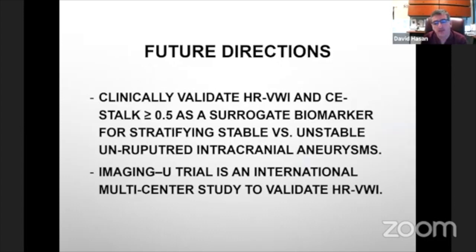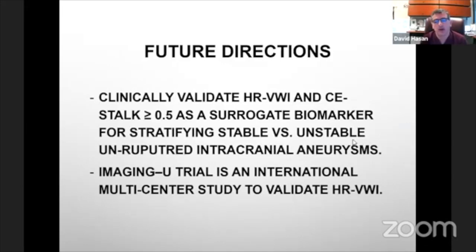We presented this to the NIH, and now we have a trial called Imaging U. It's in the planning, and we're doing several centers in the United States, Canada, England, and New Zealand. The idea is to image these patients and monitor them prospectively, see if any of these aneurysms proceed to grow or rupture, and correlate that with enhancement.